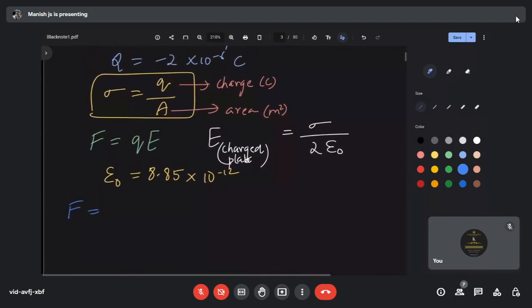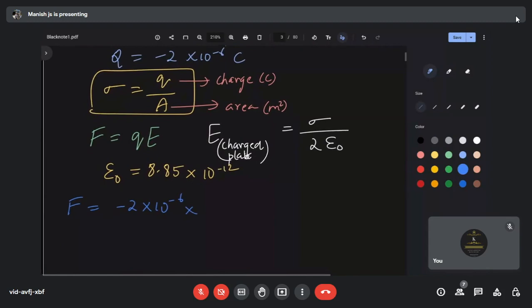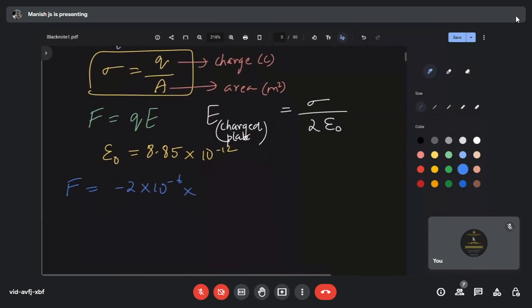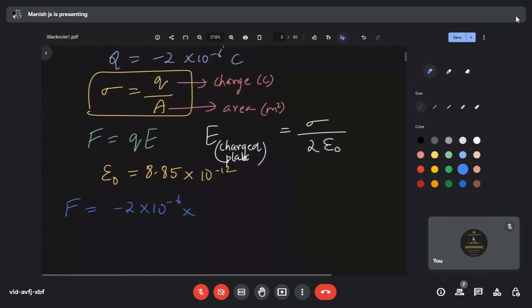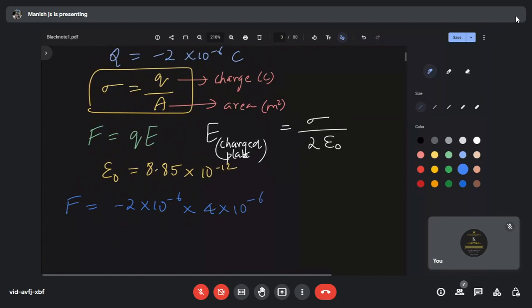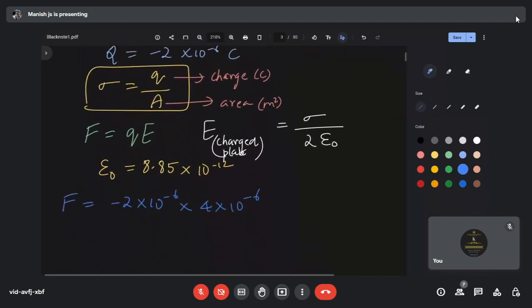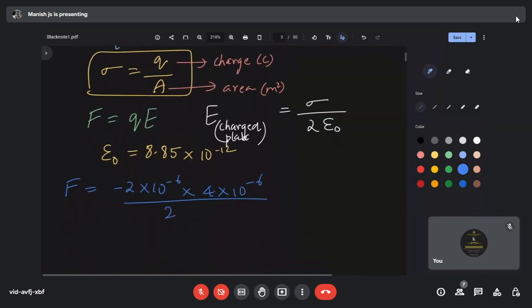Q is given. So -2 into 10 power -6 into E, whose formula is sigma by 2 epsilon naught. Sigma is given as 4 into 10 power -6, okay, divided by 2 times epsilon naught, which is 8.85 into 10 power -12.